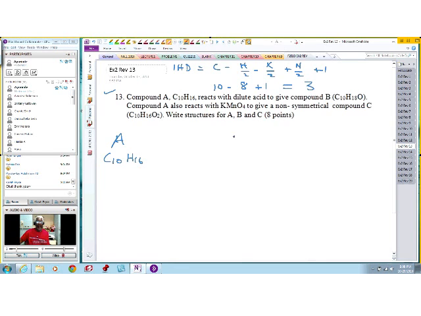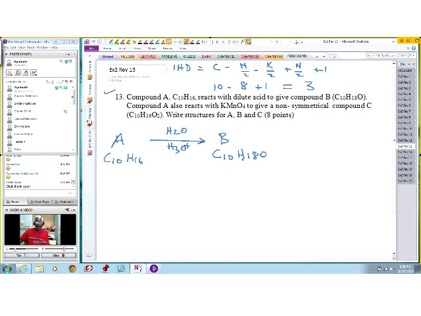Okay, we now know that the index of hydrogen deficiency is 3. What does that mean? This molecule will have either double bonds, or rings, or even triple bond. Now, they tell you compound A reacts with dilute acid, which is essentially water with some kind of acid catalyst, to give compound B, and compound B has a molecular formula of C10H18O.